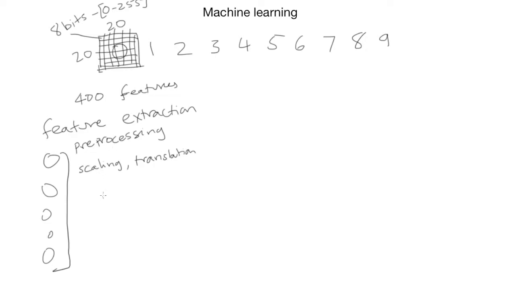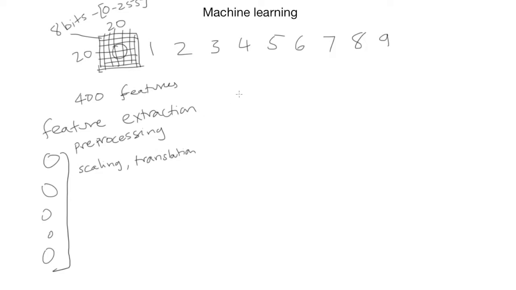So this is part of the feature extraction process, where you're trying to minimize the variation within the class, and this will help your machine learn to differentiate the digits better.